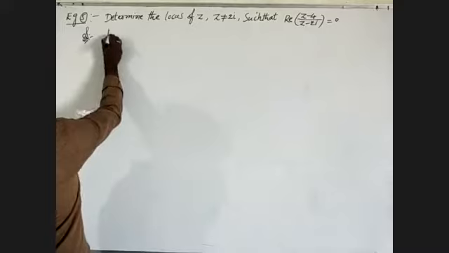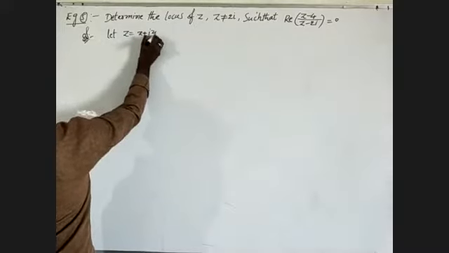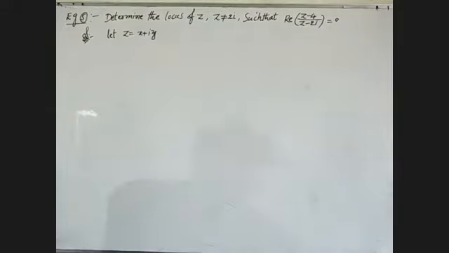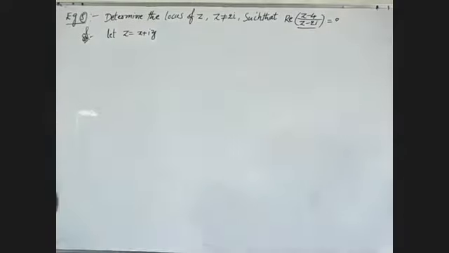First, let us take Z as x plus iy, where x is the real part and y is the imaginary part. First, we have to find out this value, (Z minus 4) by (Z minus 2i).